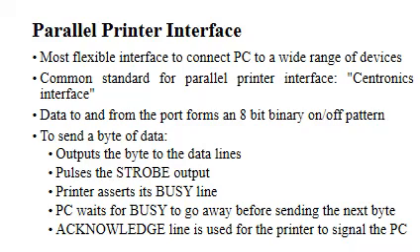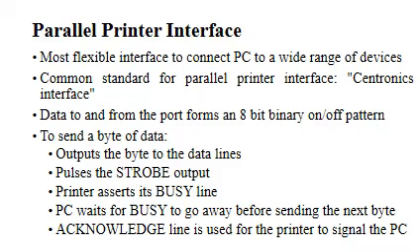During standard printer operation, the way in which data is transmitted over the parallel port varies, but a general description follows. To send a byte of data, the software outputs the byte to the data lines, then pulses the strobe output. The device on the other end, normally a printer, then asserts its busy line.